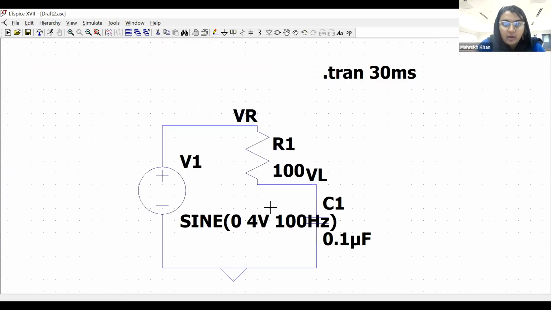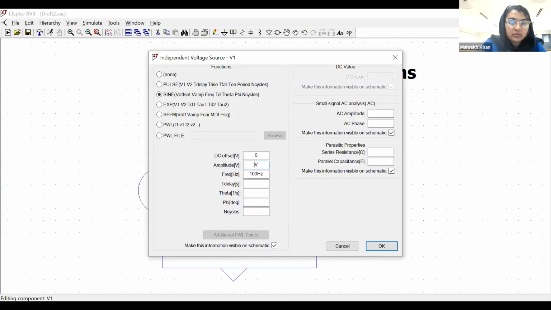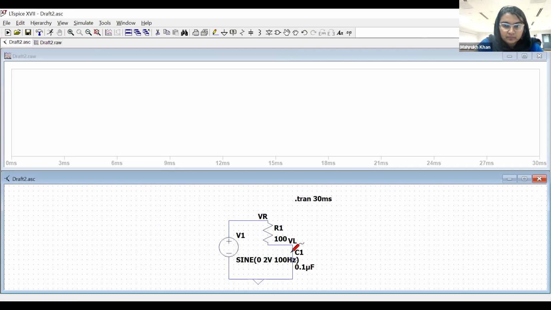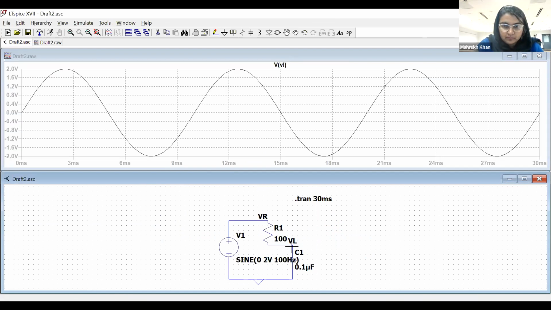Both of them are opposite to each other. So I will reduce it to 2 volts to make it 4 volt peak to peak. Okay. So it's now 4 volt peak to peak.